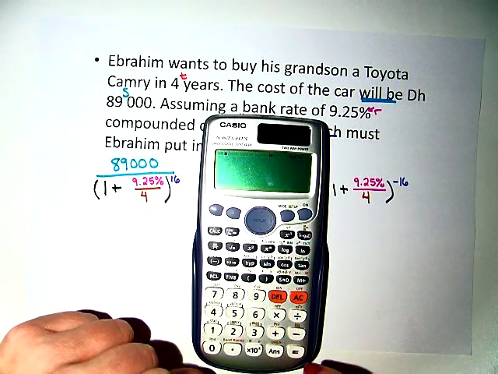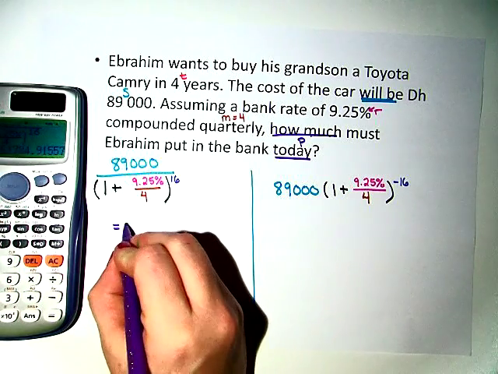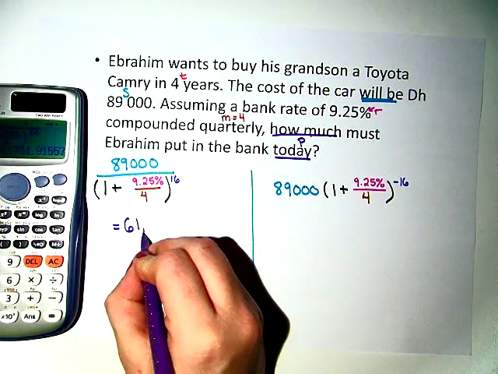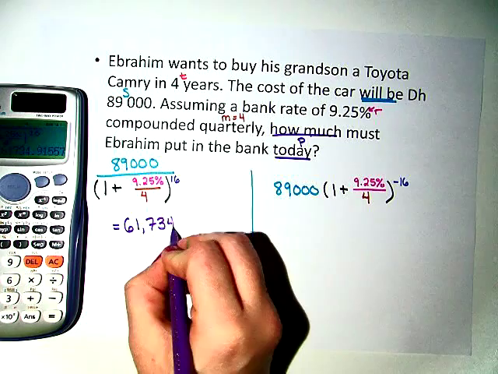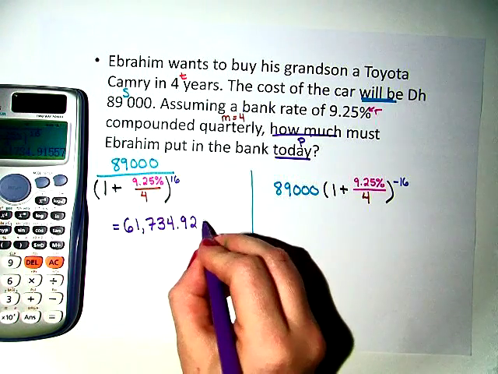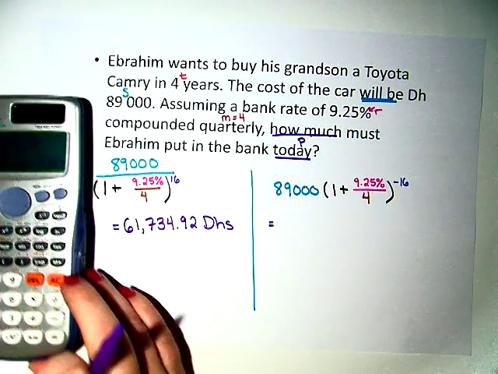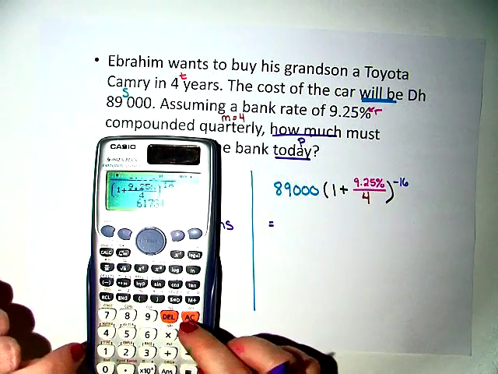Okay. That means that today he needs to put in 61,734.90, the 5 makes the 1 round up to 2, dirhams. Okay, so now let's put it in the other way and see what we get.